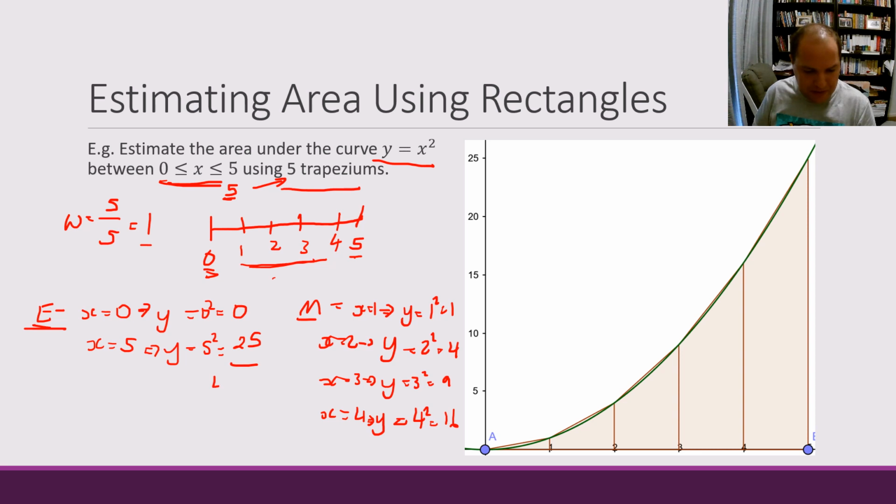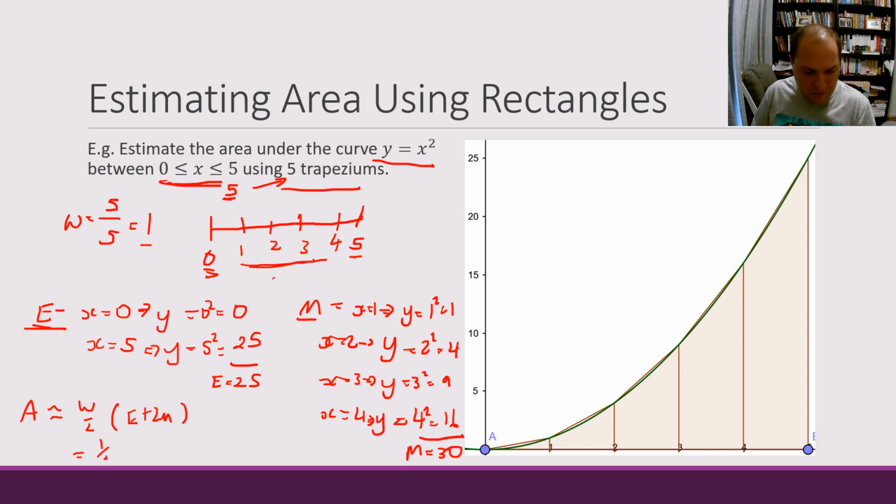So adding those values up, my E values equal 25. Adding these values up, 1 and 9 is 10, 4 and 16 is 20. So my M values all add up to 30. And now I can use my formula. So my area is going to be approximately equal to W over 2 times E plus 2M.